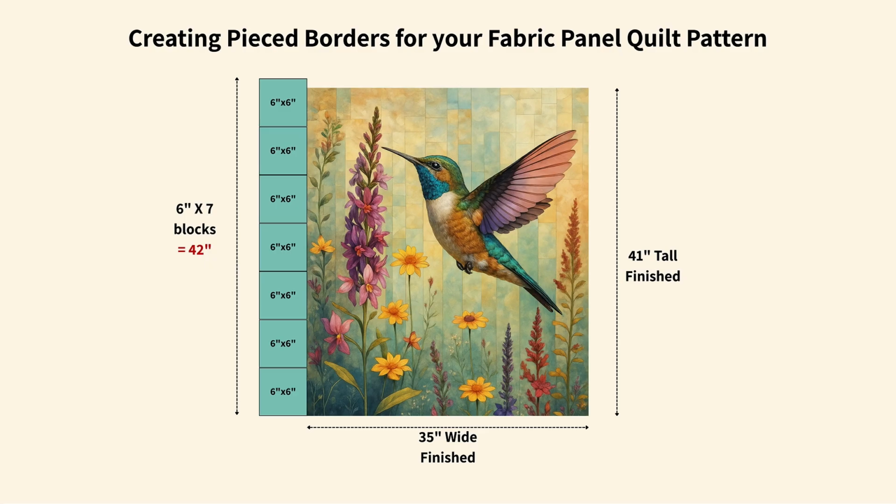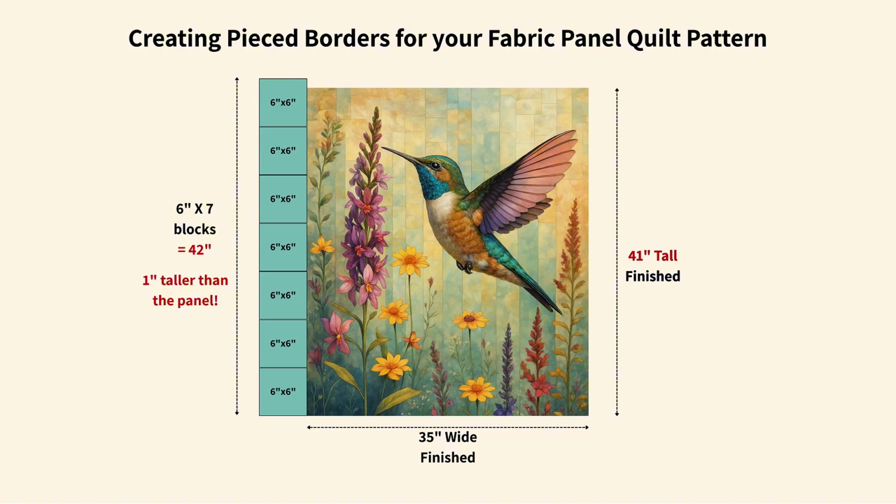If we stack 6-inch blocks up the side, 6 blocks would be 36 inches, which is too short, and 7 blocks would be 42 inches, which is too long. But the closest workable target is that 42 inches, which means 7 blocks. But our panel is 41 inches tall, and the blocks want 42 inches. So we're off by an inch.